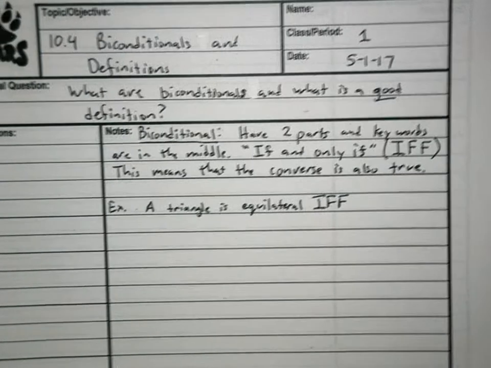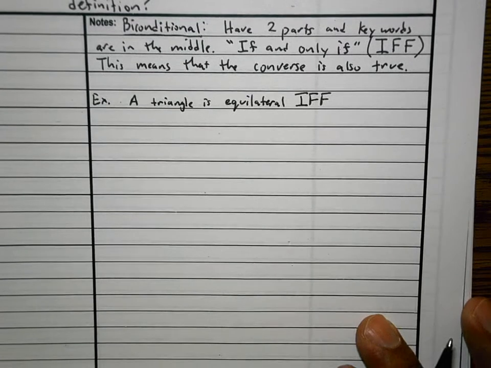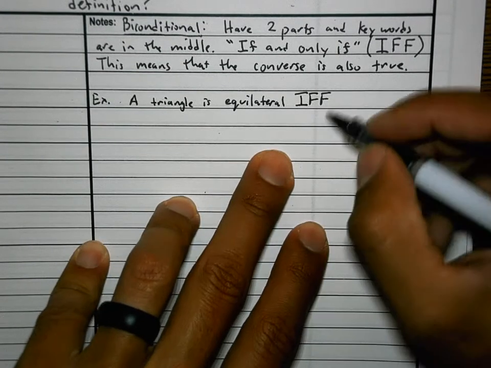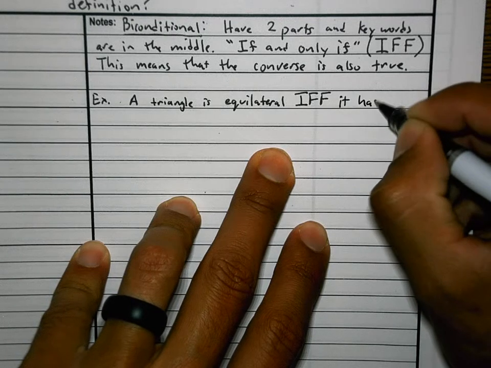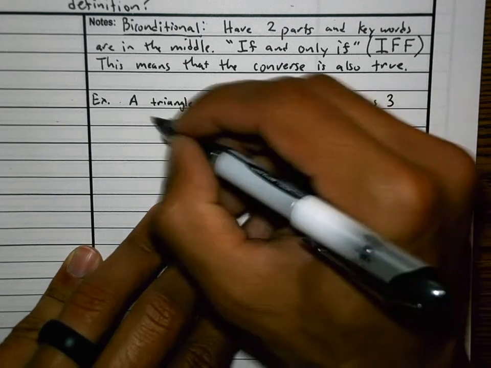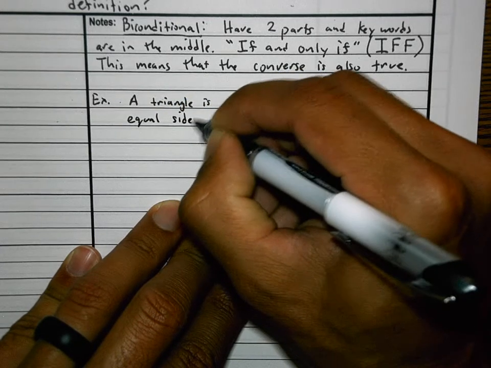A triangle is equilateral if and only if it has three equal sides.